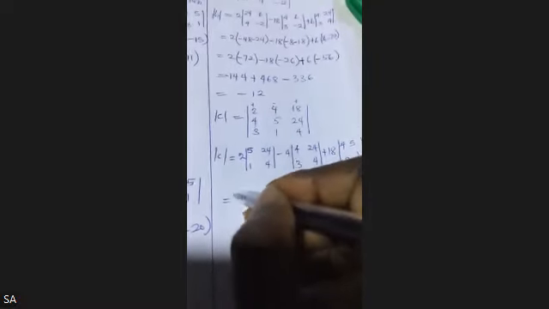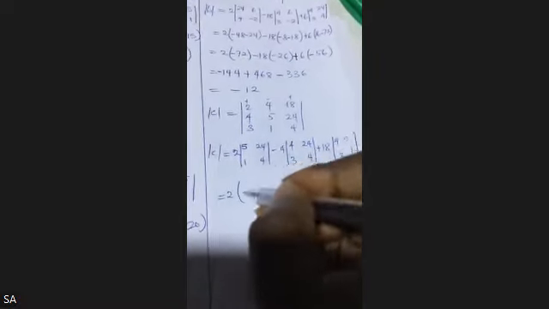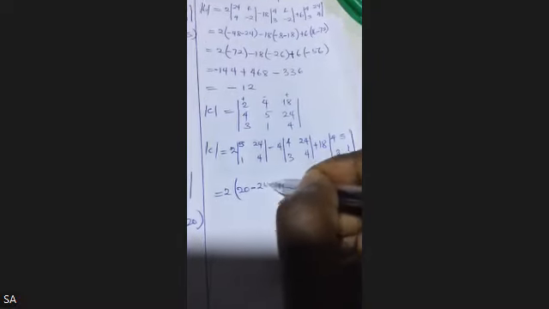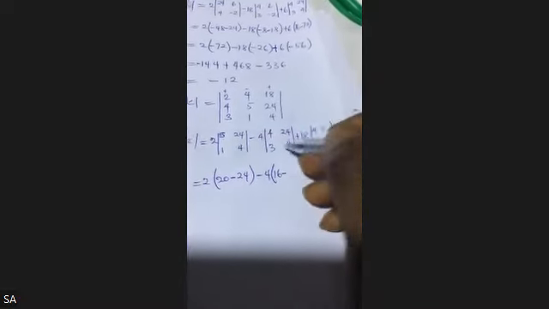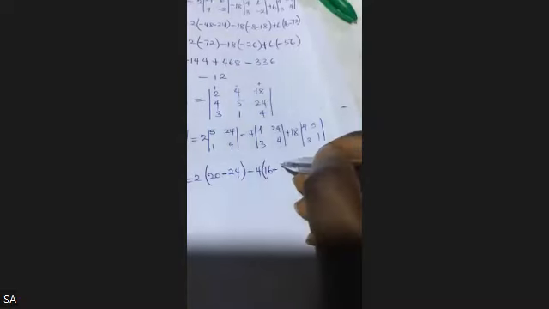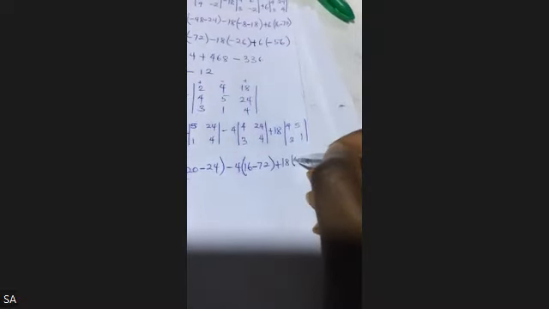So this will be 2 into 5 times 4, 20, minus 1 times 24 is 24. Minus 4, open bracket, 4 times 4, 16, minus, don't forget, minus 3 times 24 should be 72, if I'm correct. Then plus 18, open bracket, 4 times 1, 4, minus 3 times 5, 15.